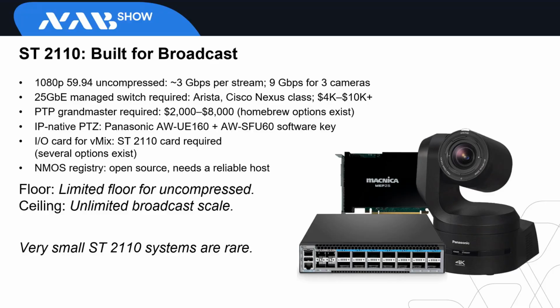Our switch is going to be a little more expensive. If we're doing a 1080p production, we might be able to get away with a 10 gig switch. Maybe a 25 gig switch would be a little more comfortable. We want a PTP Grandmaster. Now, technically, I'm being a little mean to SMPTE 2110 here because we can get away with cutting a lot of corners.